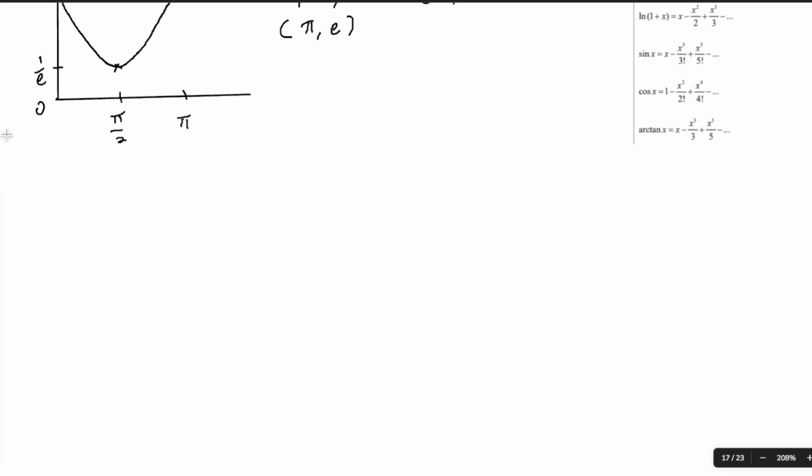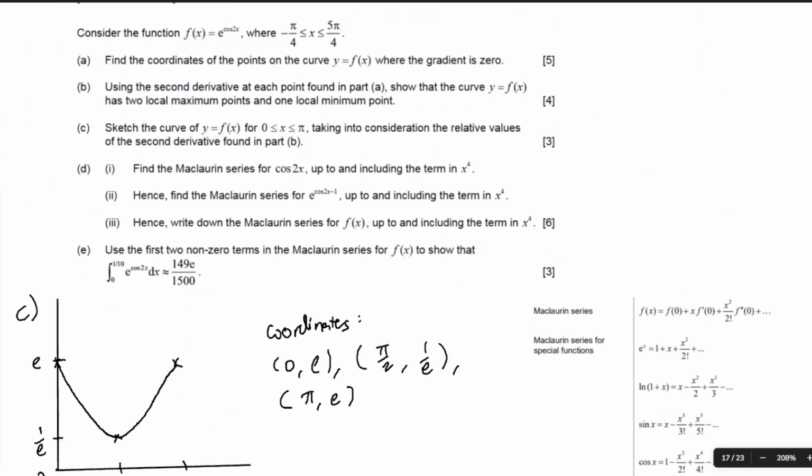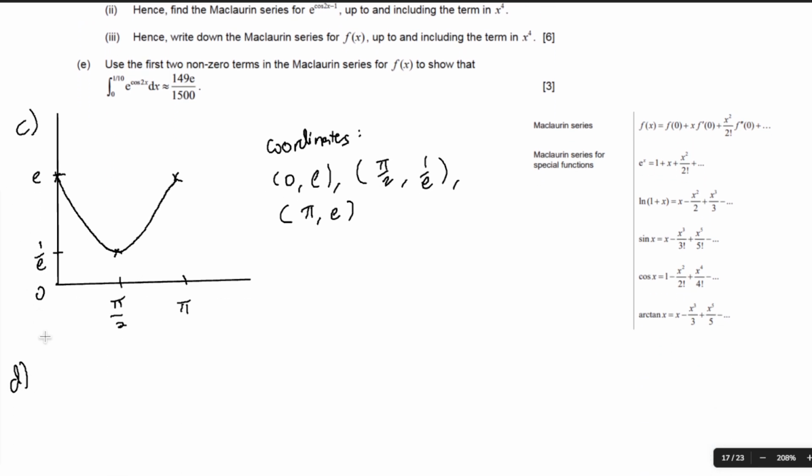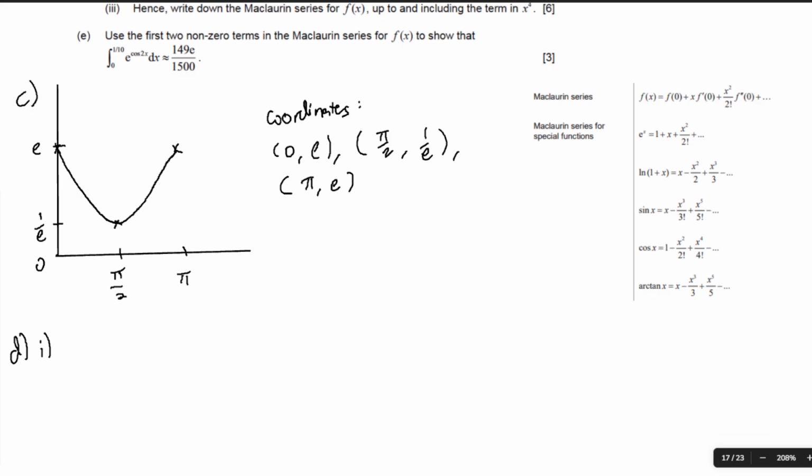All right. Next, we move on to D, which is find the Maclaurin series for cos 2x up to and including the term in x power 4. Now, this is where you can find it in your formula booklet right here. We can find our cos x in our Maclaurin series for special functions, but instead of cos x, we use cos 2x.